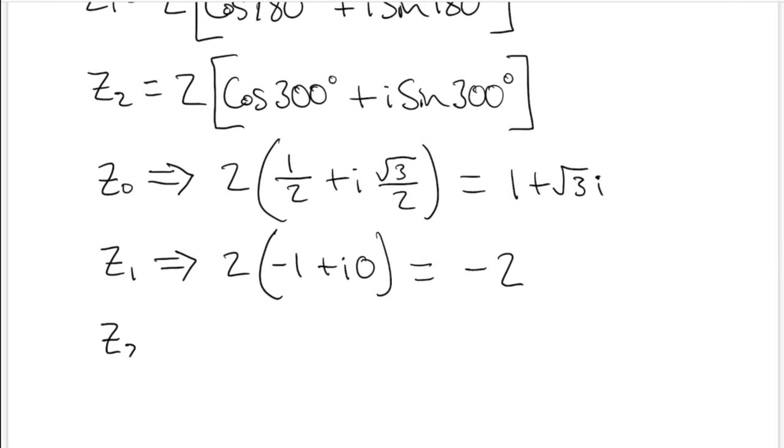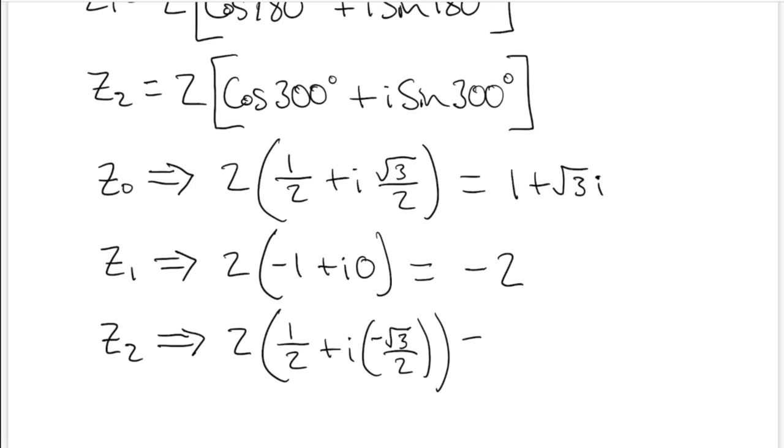And then we're expecting this one to be that complex conjugate pair. So we're expecting this to be 1 minus root 3 i. But let's double check for sure. Cosine of 300, that is 1/2, plus i sine of 300, that's negative root 3 over 2. So I'll just write it here in parentheses. But once we simplify this, this ends up being 1 minus root 3 i, which is what we suspected it would be. And then we have our 3 roots now in rectangular form.